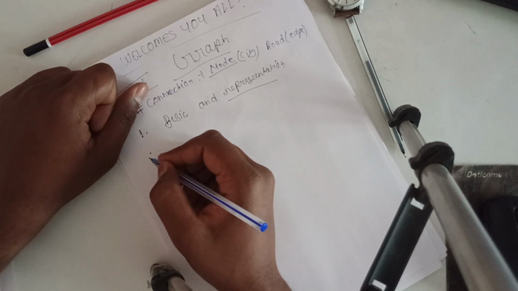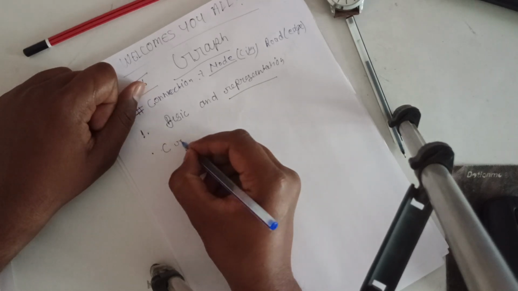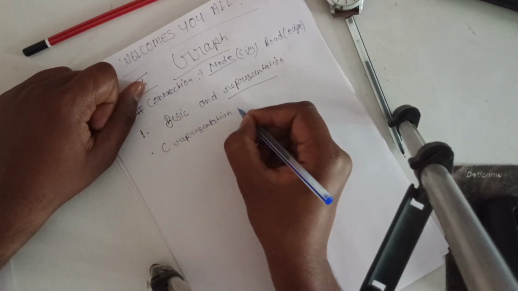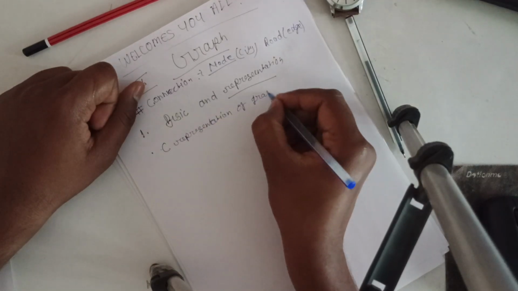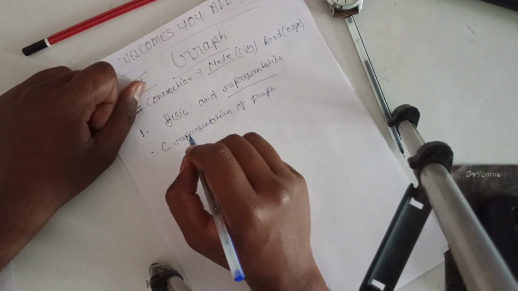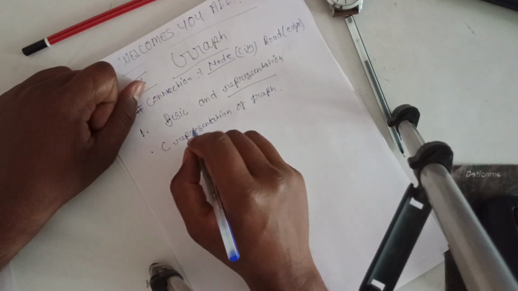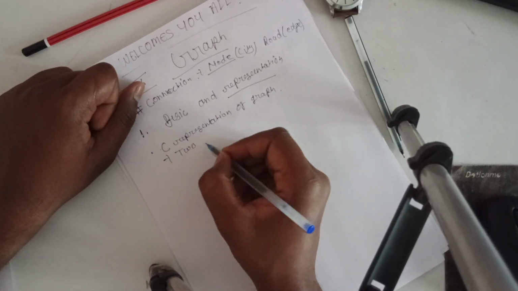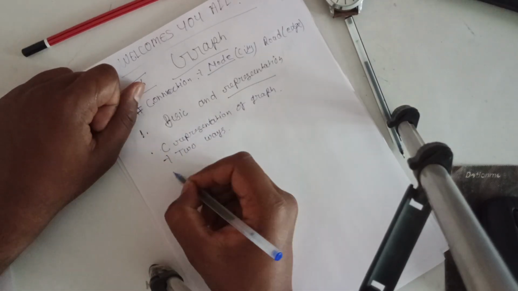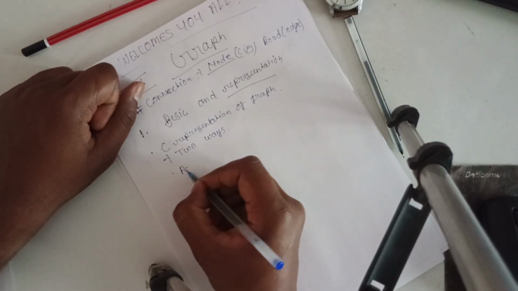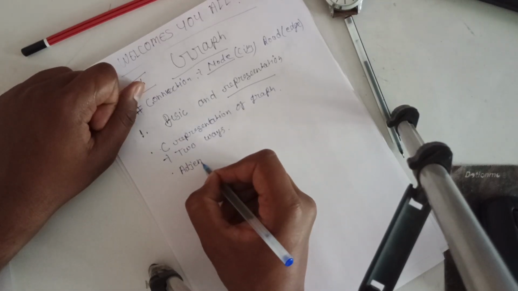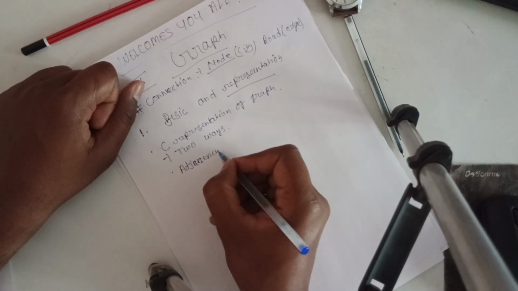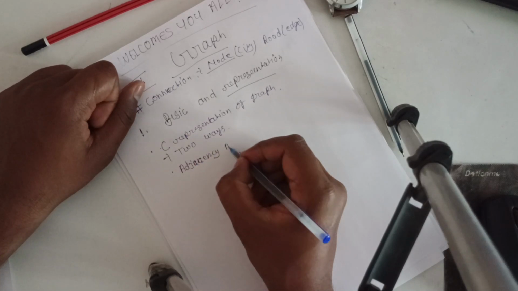Now C representation of graph. In C we usually store graphs in two ways. First is adjacency matrix.